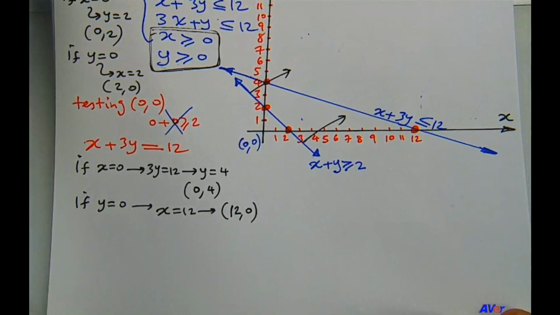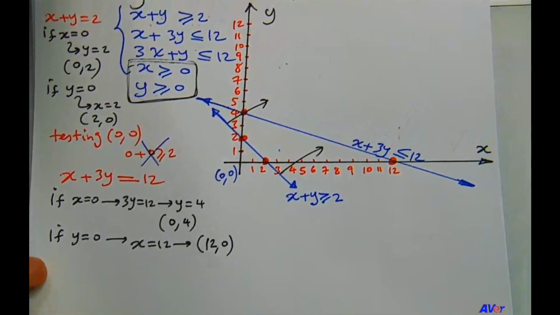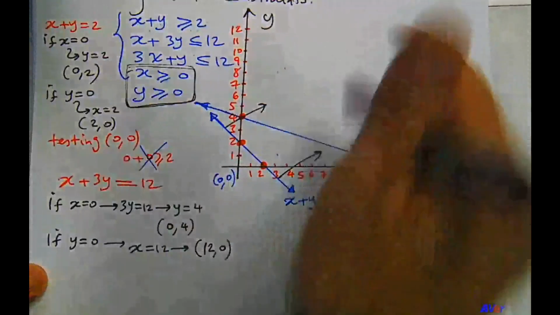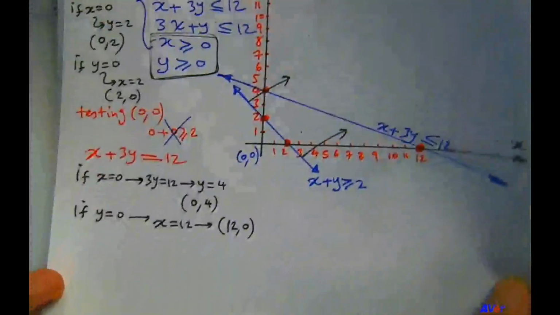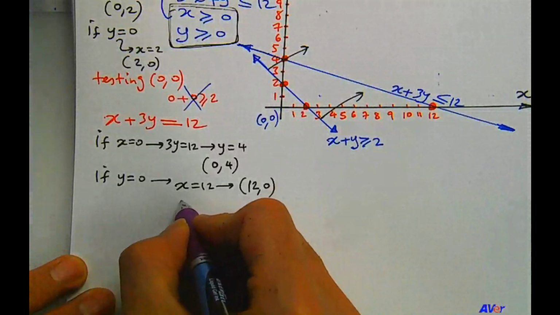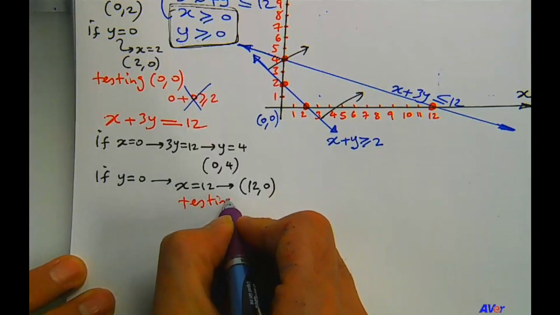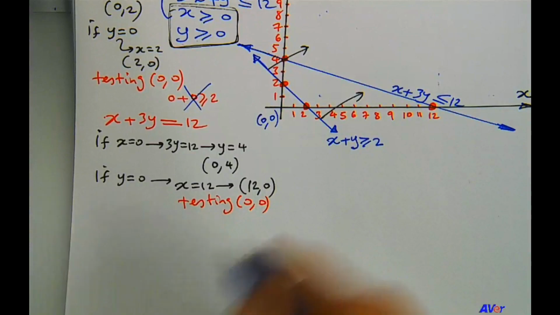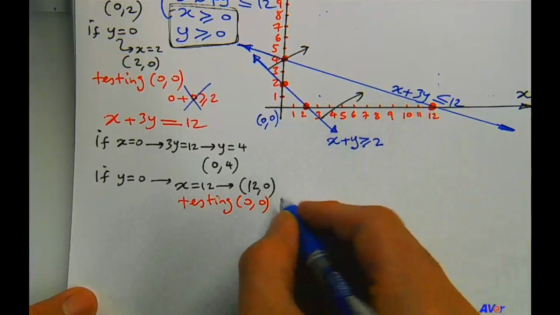I'd rather use all my blank space, but if I use this space, I might confuse some people, so I'm going to use it here. So testing (0, 0), what do we get? Plugging it into this inequality, right?